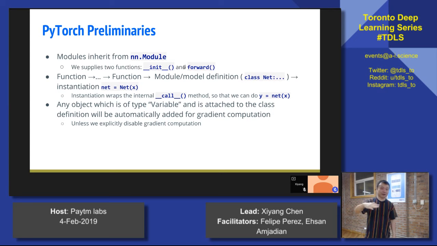Basically, that's what I mean by attachment. It is automatically added to the gradient computation. Later when you do backward, which means you start doing gradient computation, that part will automatically be computed unless you suppress it. And there's a way to suppress that. It will become clear in a second.